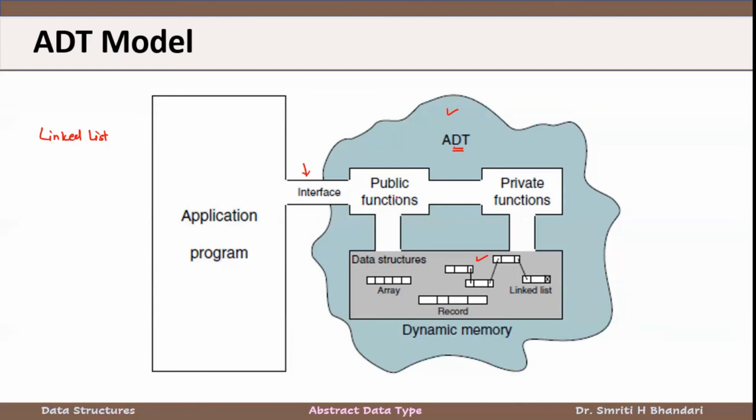So the public functions are directly available to the application programmer, and the private functions are being called if required through the public functions, right? So the application programmer only calls upon the required functions, and through these functions, the data structures are being manipulated, right? So this is the way how abstract data type model works.